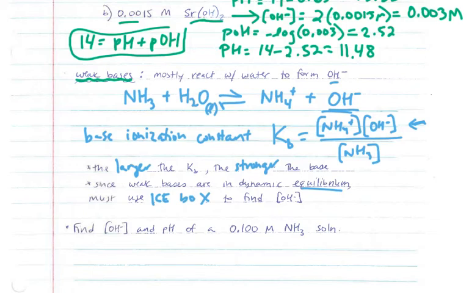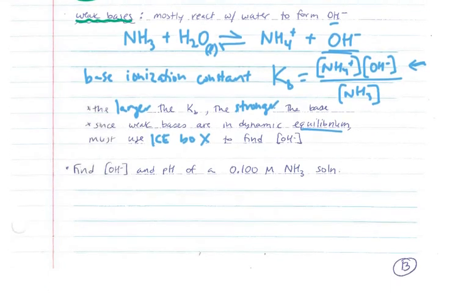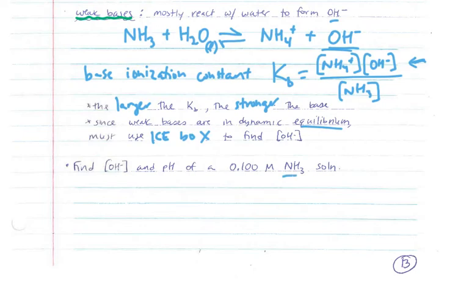So let's practice this problem right here. We've got a solution of NH3, which is a weak base. So we write out the equation for it. NH3 reacts with water to form NH4 plus.